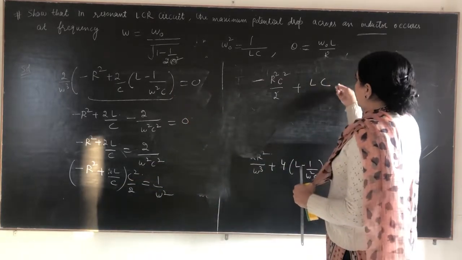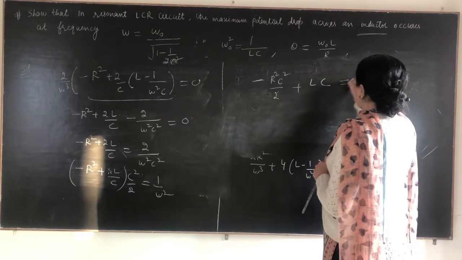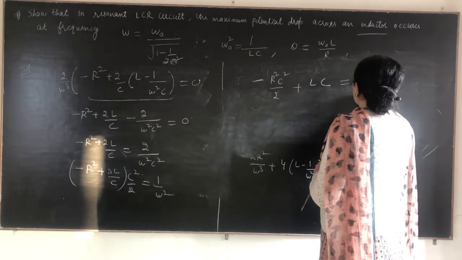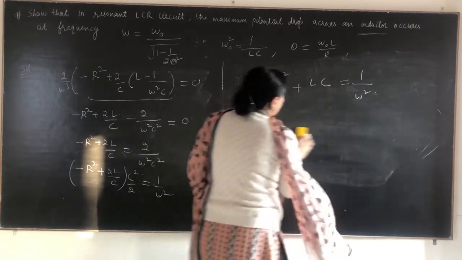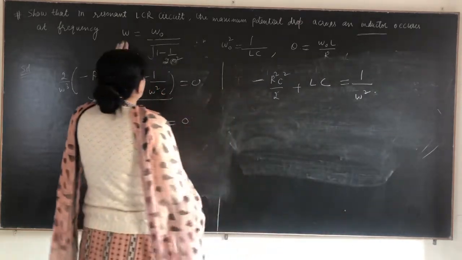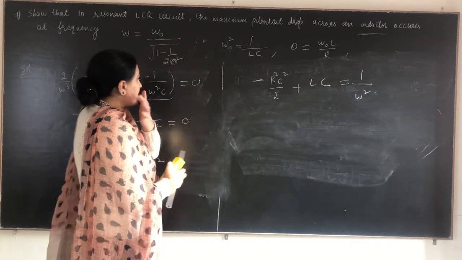This is equal to 1 over omega square. Now we want the value of this omega.